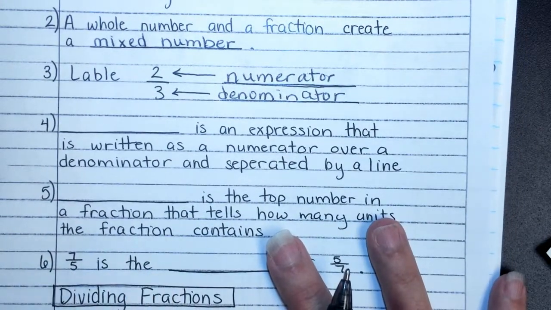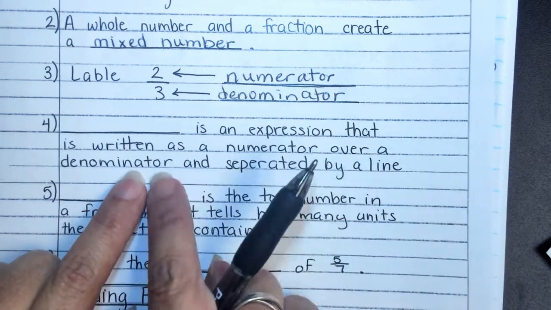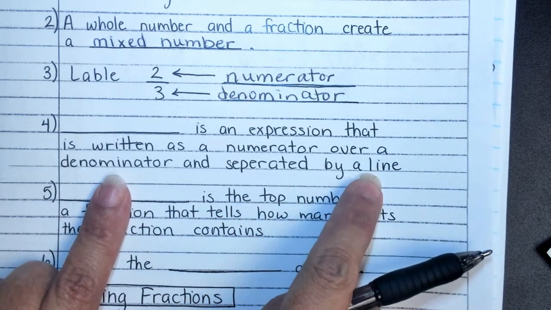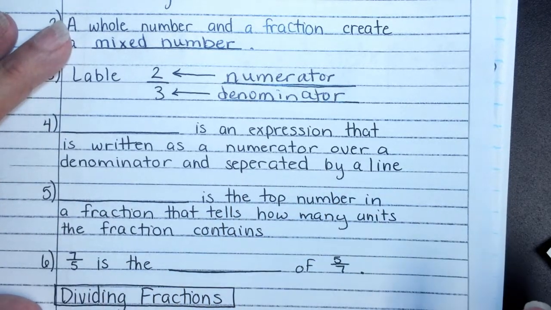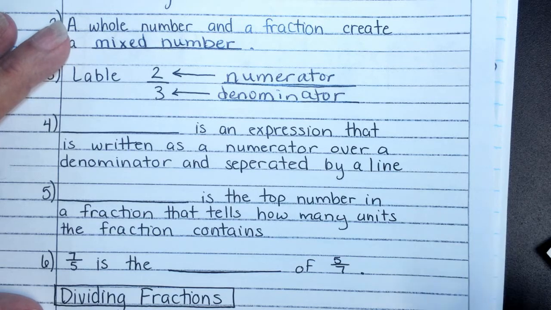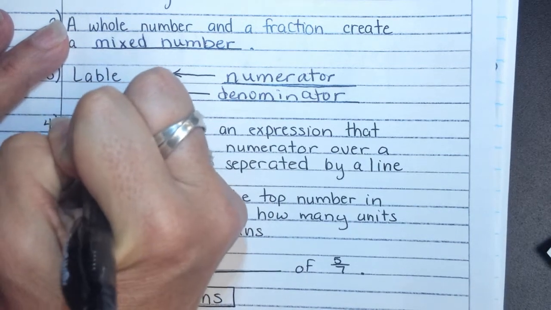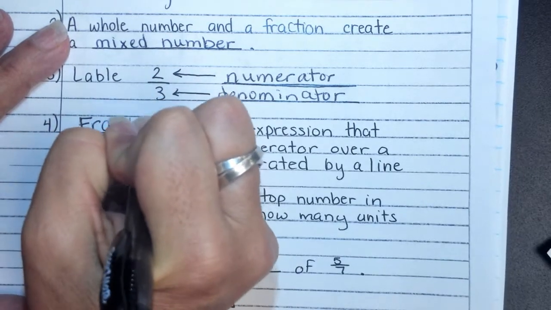Number 4, blank is an expression that is written as a numerator over a denominator and separated by a line. It's easier than you think it is. What is it? Fraction, yes. It's kind of silly. Like you kind of go, is that all that is? Yes, it's just a fraction.